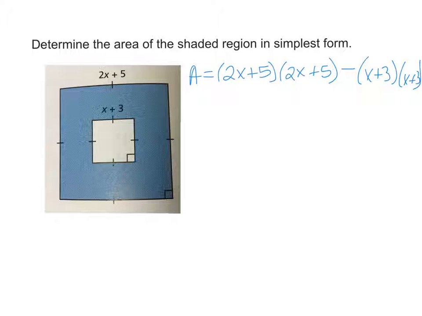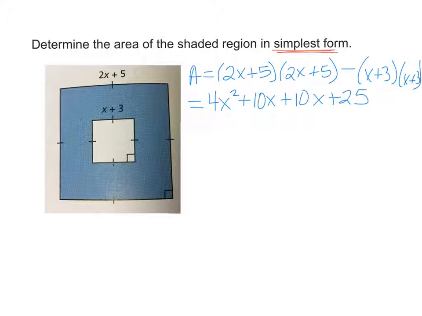Because it asks for it in simplest form, we need to simplify. This is an expression for the area of the shaded region, but it's not simplified. So let's simplify it. I'm going to multiply 2x plus 5 times 2x plus 5, and I'll get 4x squared plus 10x plus 10x plus 25.